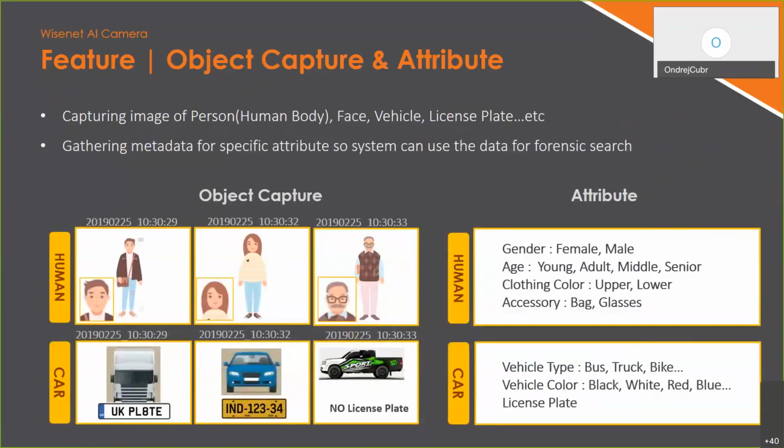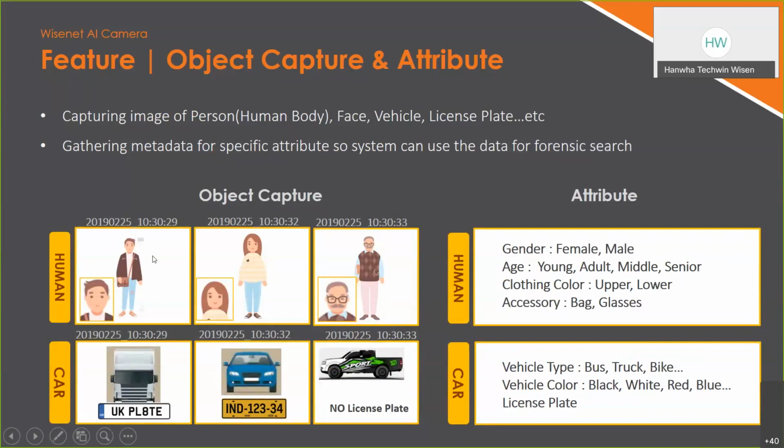So what kind of object can we detect and what kind of attribute can we take from the object? This camera will support the best shot feature, which means if the camera detects an object, it will take a snapshot of the object and then send it to the backend, to the NVR or maybe some VMS.